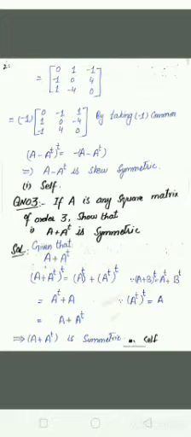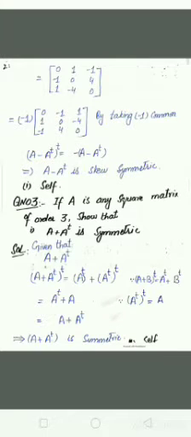We can use the concept of a skew-symmetric matrix: if the transpose of A minus A transpose is equal to minus of this matrix, then A minus A transpose is called a skew-symmetric matrix. So we have proved that A minus A transpose is a skew-symmetric matrix, and part 1 is not included in your smart syllabus.